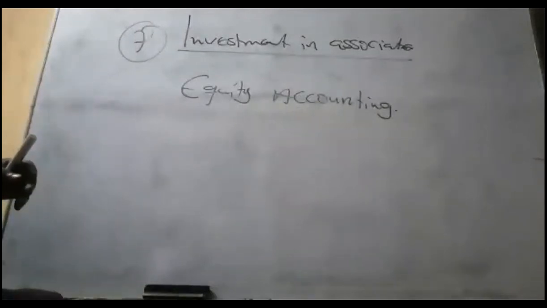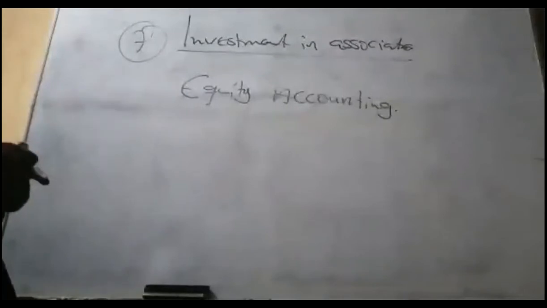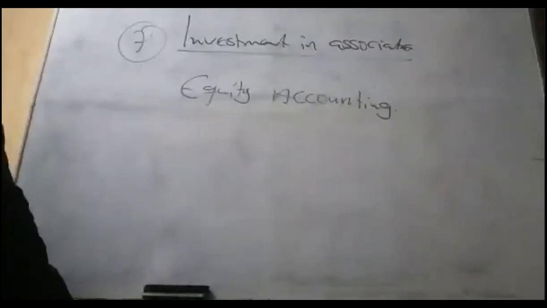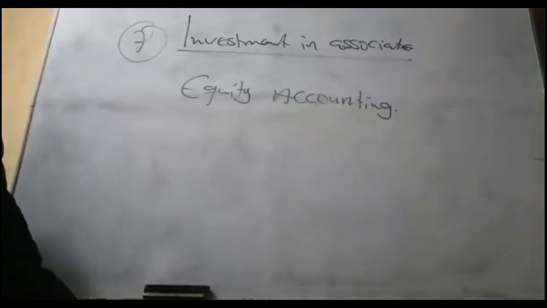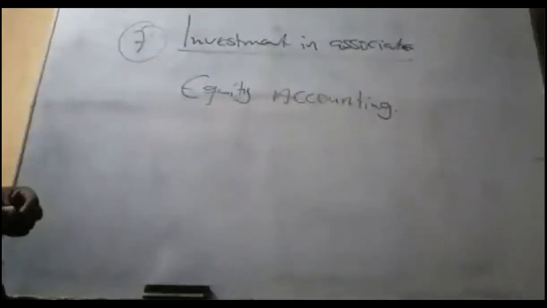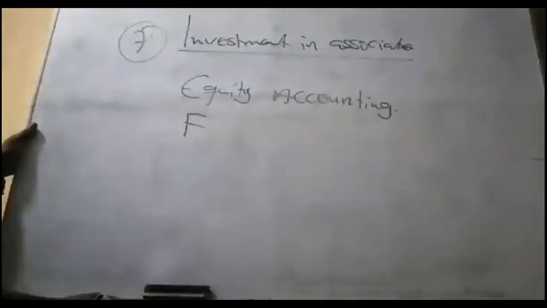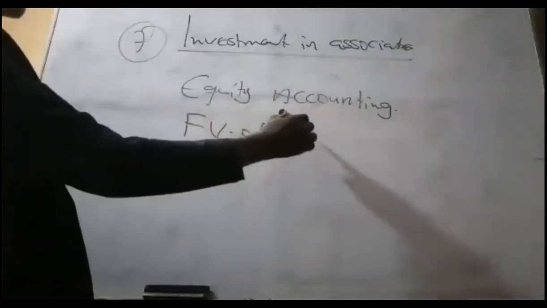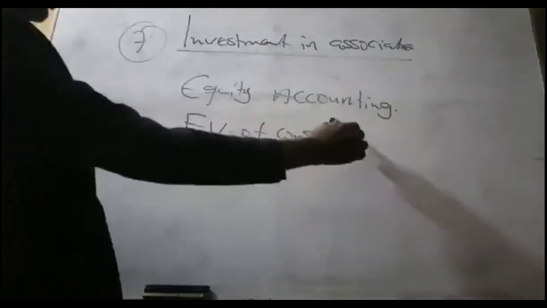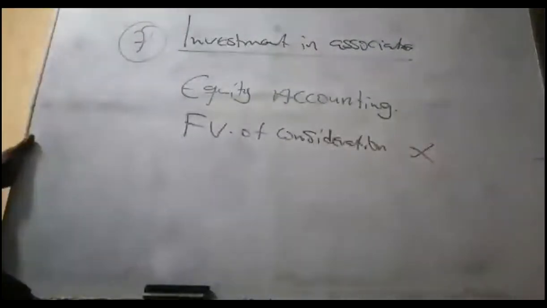Instead, account for your investment by picking two items: the fair value of the consideration paid and the post-acquisition changes in the net assets of the associate or investee.